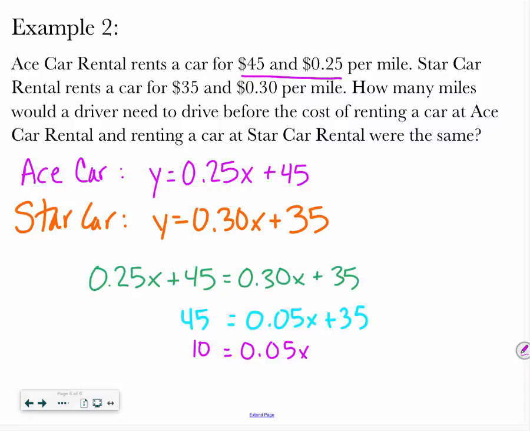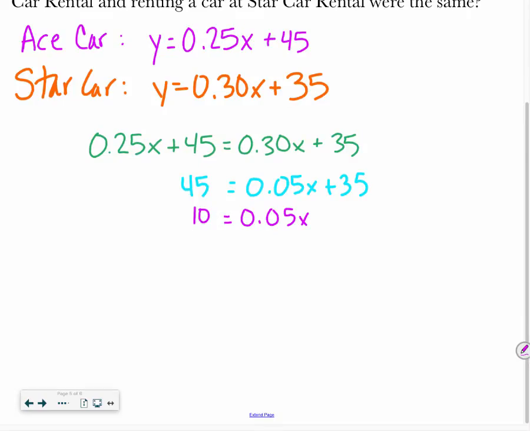In order to get that by itself, I'm going to have to divide by 0.05 on both sides, and I end up with 200 equals x. So that means once each car has driven 200 miles, they equal out in price.